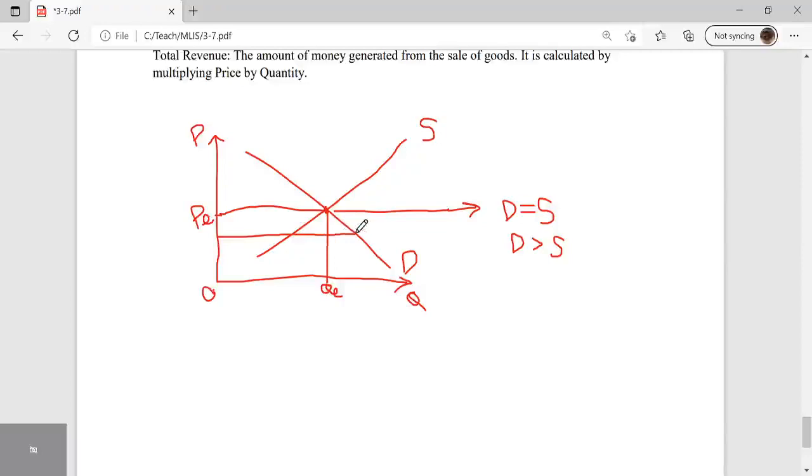So what's happening? There will be a new demand and a new supply. So demand will rise to QD and supply will fall to QS.